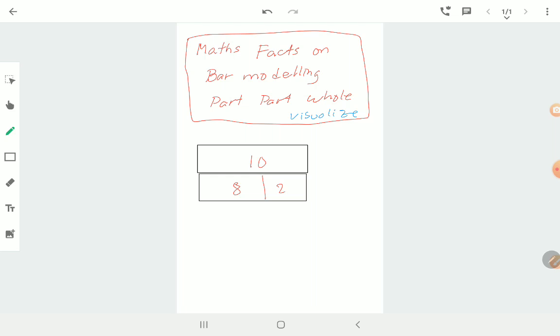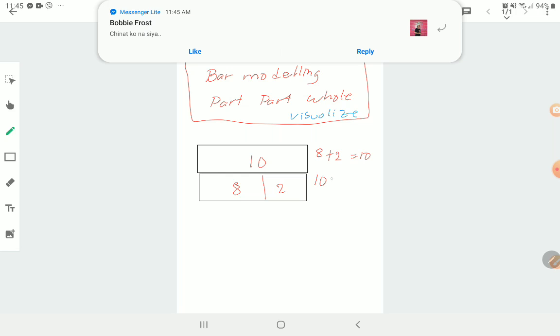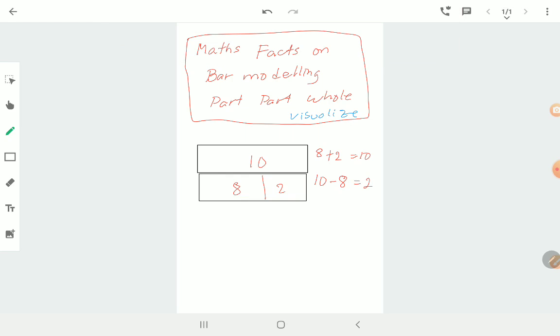But the most important thing is that you would be able to visualize that you have 8 plus 2 equals 10. Right? Those are mathematical facts. Or you have here this 10, you take away 8 will give you 2.